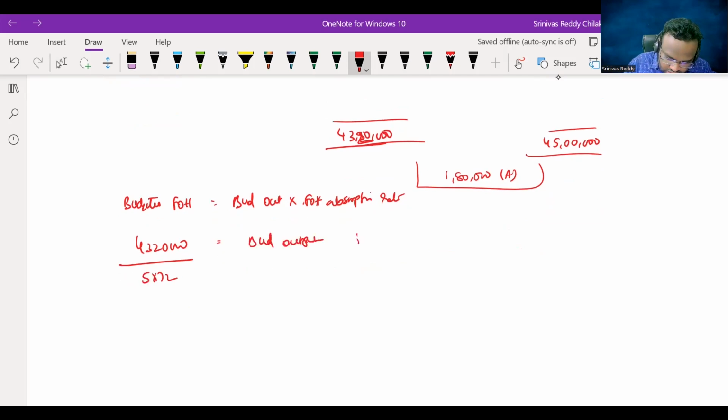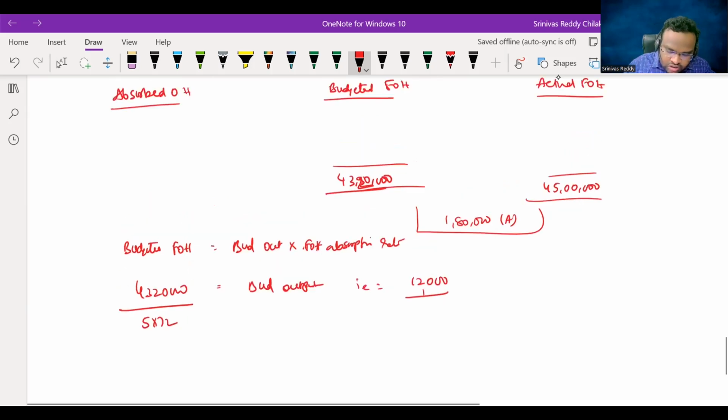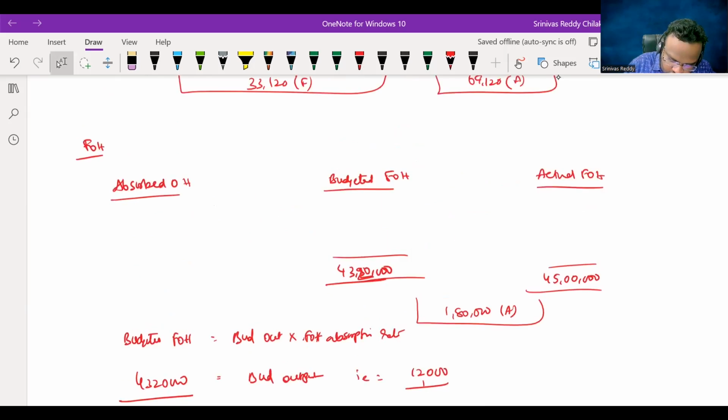So that is 43 lakh 20,000 divided by 360 is 12,000. What is the budgeted output? 12,000 units.